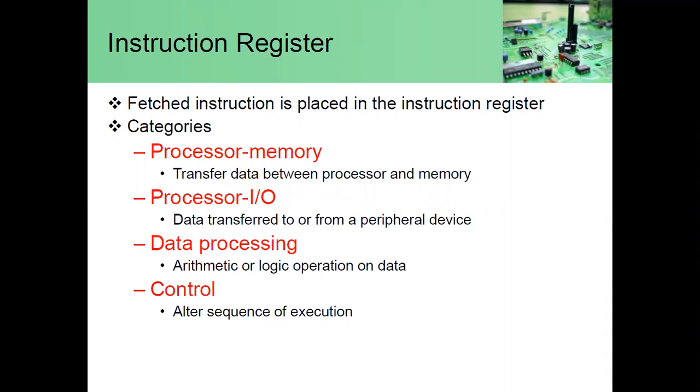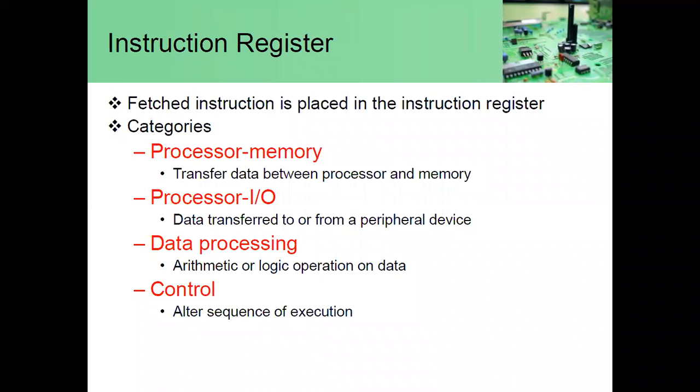Either we transfer data between the processor and memory, so data is transferred directly from the CPU to a memory location, or there can be an instruction doing an operation between the processor and IO, meaning data goes from the CPU to input output devices, or from input output devices to the processor. That kind of instruction can be there.